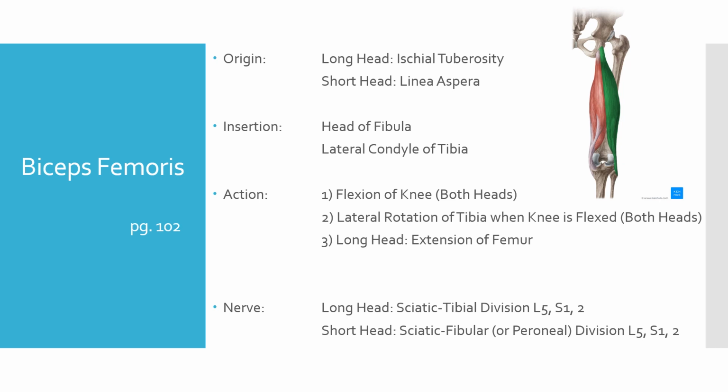The nerves, the long head, sciatic tibial division L5, S1, and 2. The short head, sciatic fibular or peroneal division L5, S1, and 2.